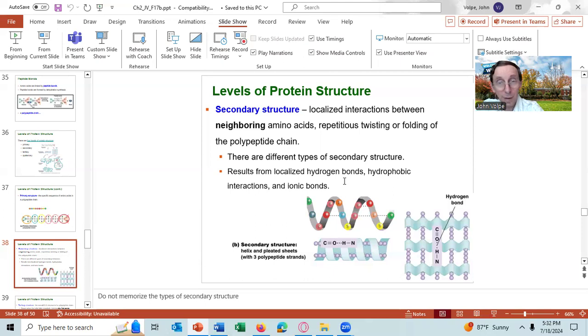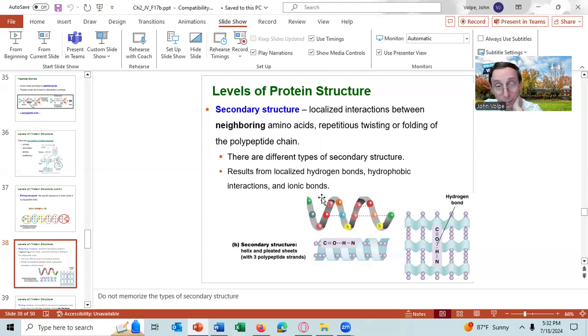Hydrogen bonds happen between two polar molecules, and one has to have a partial negative end, like partial negative oxygen, and the other has to have a partial positive end, like a partial positive hydrogen. Hydrophobic interactions I just talked about. That's the two nonpolar being together.